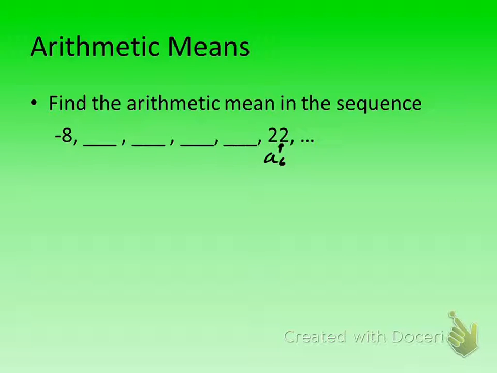All right. So we know that our a sub 6 is 22. We know our a1 is -8. Plus, whoops. We don't know d. We don't know how we go from here to here to here to here 4 times, and then we get to 22.